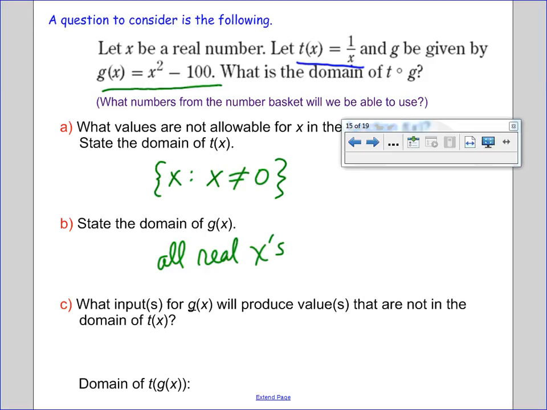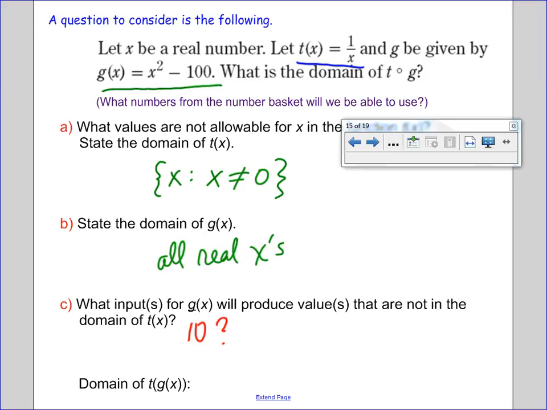As I look at g of x, are there any values of g of x that would make problems for t of x if I plug them in? Mark? 10? Why do you say 10? Got you. So g of 10 equals 0. And if I plug 0 then into t, it would make a 0 in the bottom fraction.